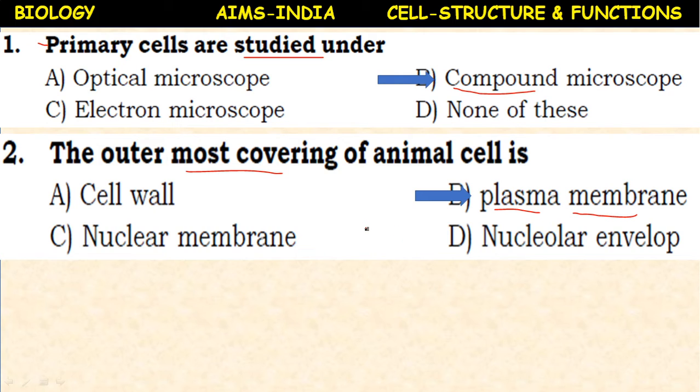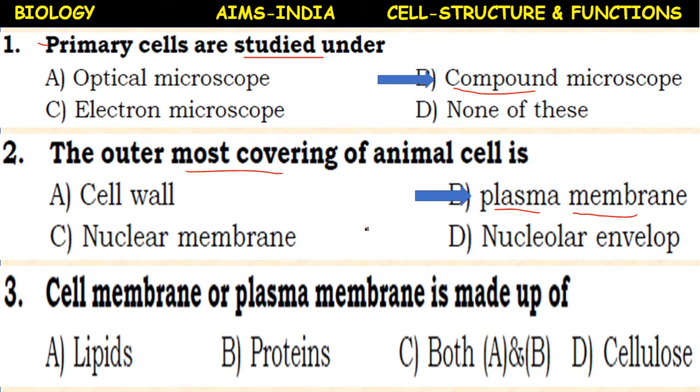The nucleus is covered by means of a double membrane layer. It is called nuclear envelope. Next, cell membrane or plasma membrane is made up of lipids, proteins, cellulose. It is lipids and proteins both.